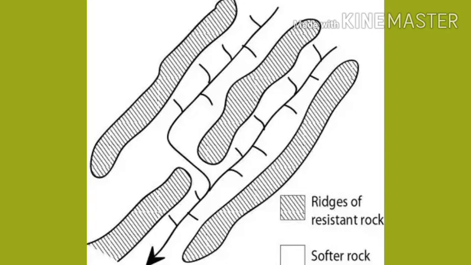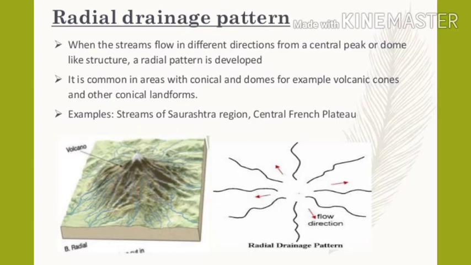When the rivers originate from a hill and flow in all directions, the drainage pattern is known as a radial pattern. The rivers originating from the Amarkantak range present a good example of radial drainage.